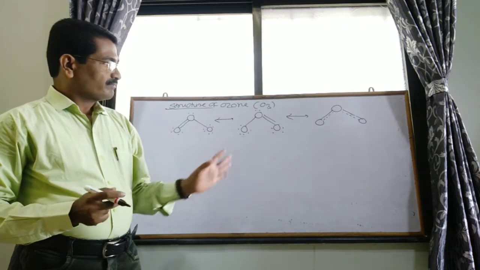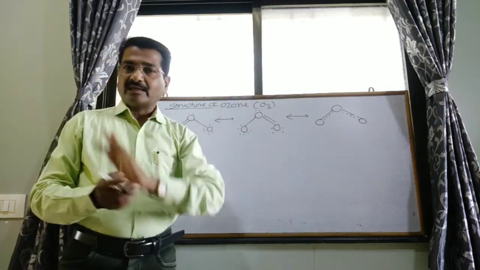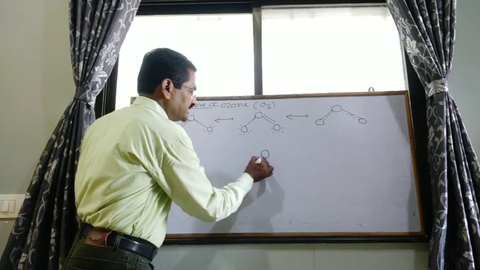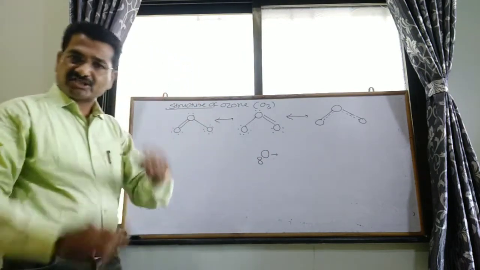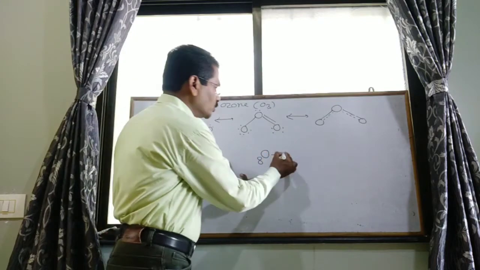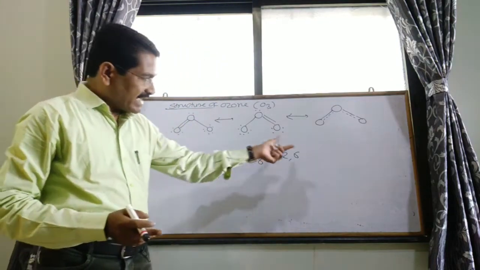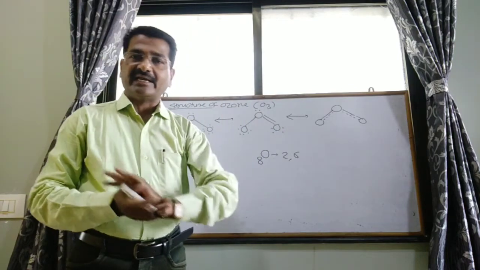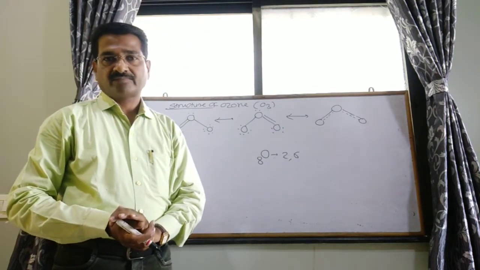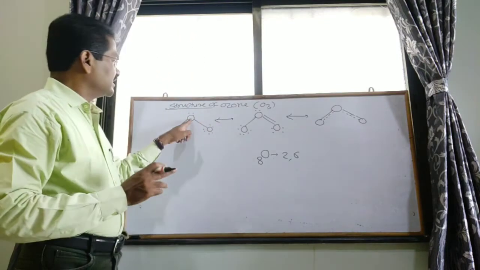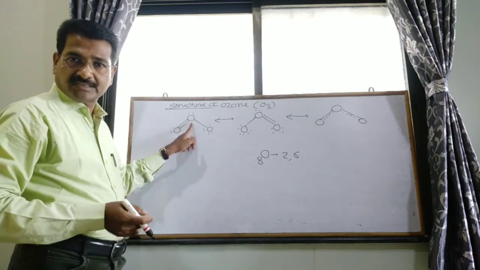In ozone, 3 oxygen atoms are linked with each other, and we know the atomic number of oxygen is 8 and its electronic configuration is 2,6. In the last shell of oxygen there are 6 electrons, which are called valence electrons or outermost electrons. Suppose this oxygen contains 6 electrons.